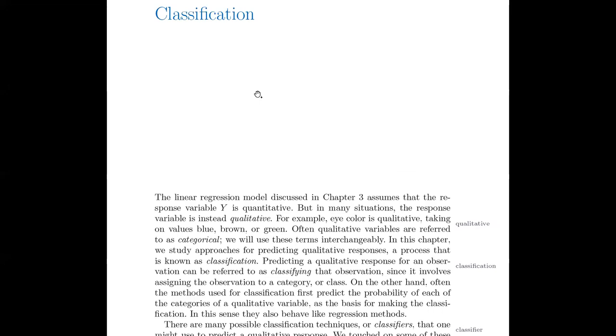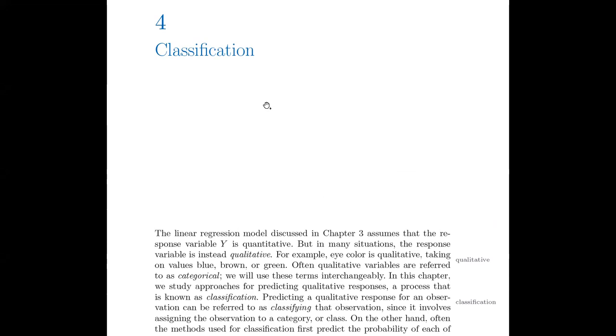Continuing on yesterday's session, we've started a new chapter. At some point, the plan is we'll go back and finish the last sections of chapter 3. That was regression, where we first regressed our response variable, the variable that we're hoping to predict, onto a single predictor variable.